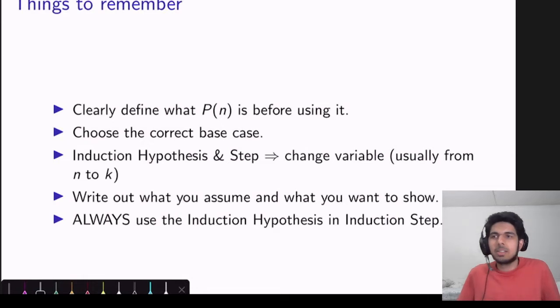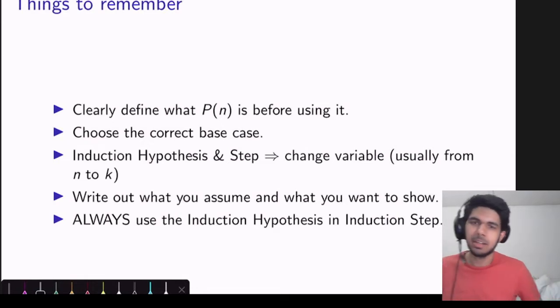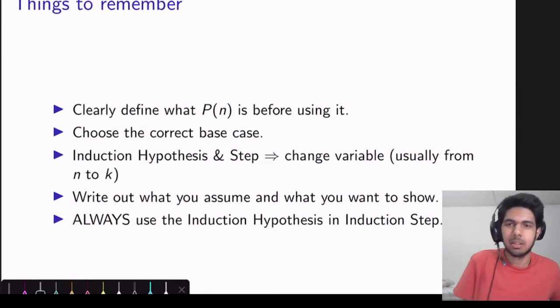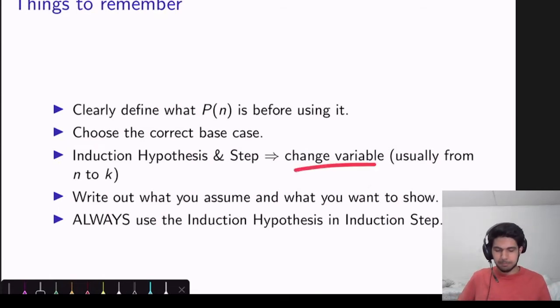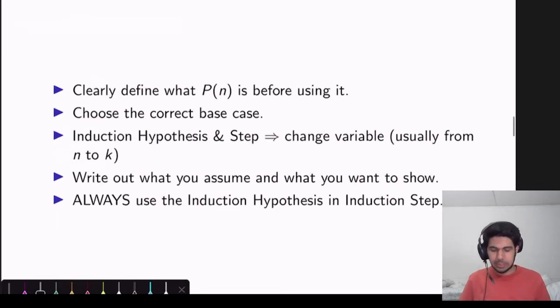Usually the problem is given to you in terms of n, and I like to switch to k, but you can do whatever. Change of variables is important. I always like to write out what I'm assuming and what I want to show, so it's clear to myself and the reader. And lastly, always use your induction hypothesis in the induction step.